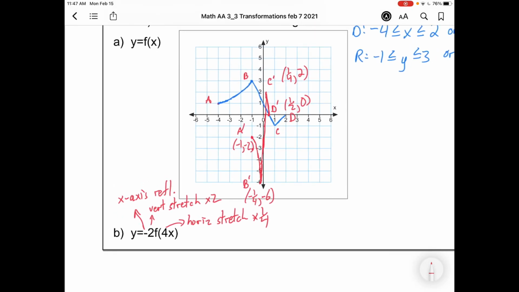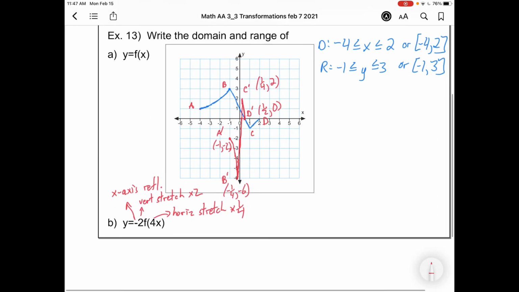Once I've got that, finding the domain and range is no big deal. Okay, it's going to be from -1 to 1/2. I can just see the x values. The y values, the range is going to be from -6 all the way up to 2, which I can show as an inequality.